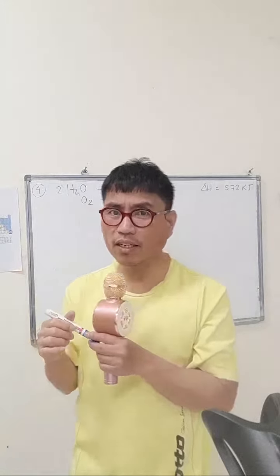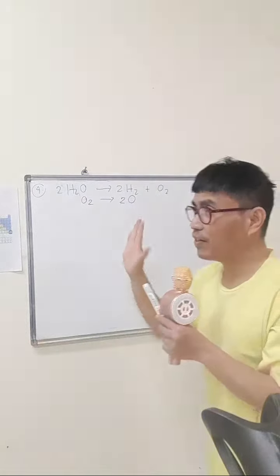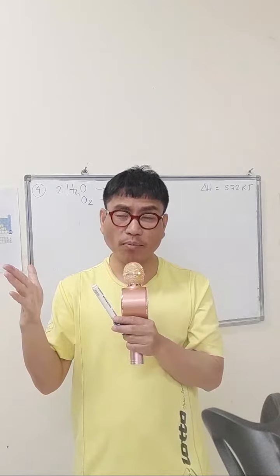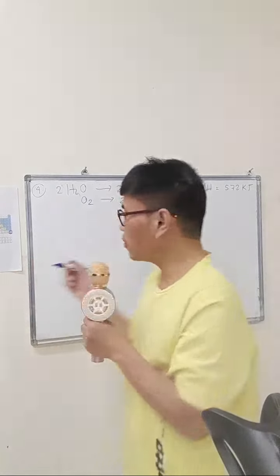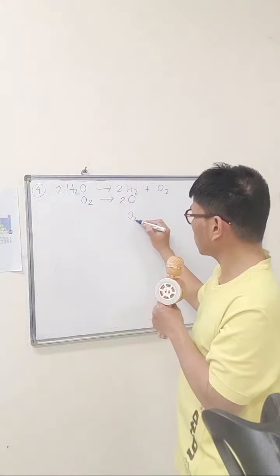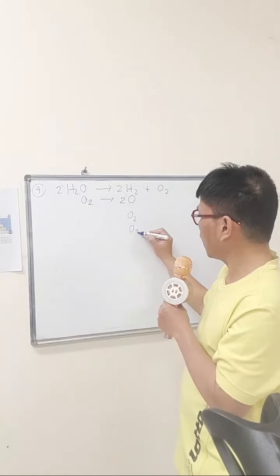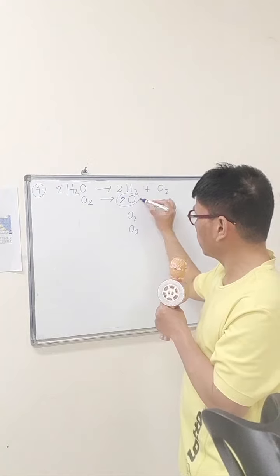It will become thinner and thinner due to greenhouse gas exposure. I told you that it's a physical form, meaning allotropes of oxygen. The normal oxygen is O2, oxygen gas. We have O3, and you also have the atomic oxygen, this one.